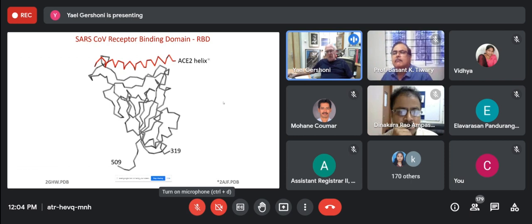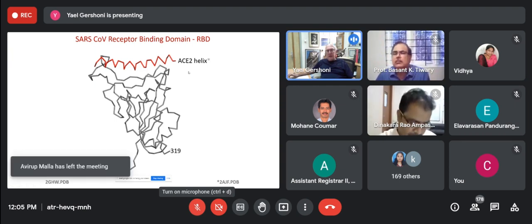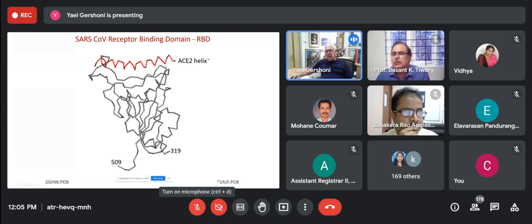It's about 200 amino acids, 193 if I'm not mistaken. And this structure was shown to interact with ACE2, the viral receptor, and it interacts with an extended alpha helix here in red of about 40, 50 amino acids, which interact with these two anti-parallel beta strands of the RBD.